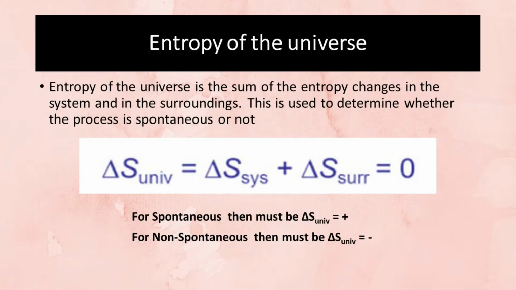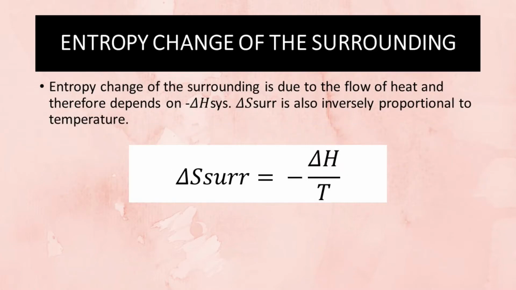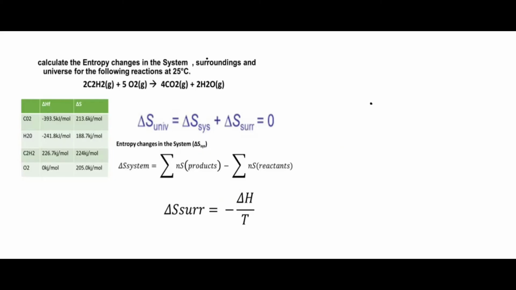So, if S universe is positive, then it is spontaneous. And if it's negative, then it's non-spontaneous. Entropy of the system is the difference in the standard entropies between the products and the reactants. Entropy change of the surroundings is due to the flow of heat and therefore depends on the enthalpy of the system. Entropy of the surroundings is also inversely proportional to the temperature.